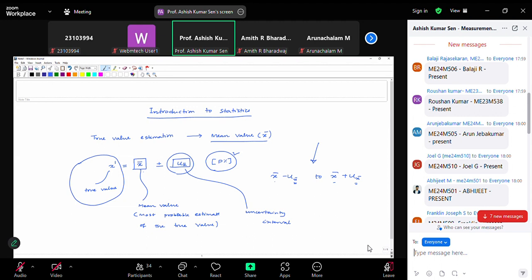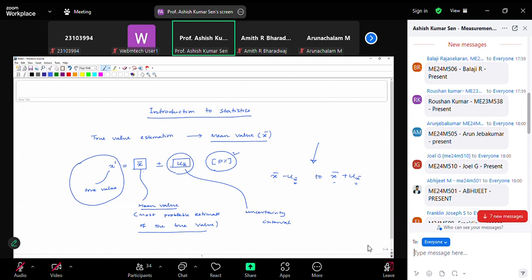Okay. Now, before that, I want to talk about something called central tendency of the data, because we said that the mean value is the most probable value of the true value. So if you measure the temperature of a surface and you want to know the true surface temperature, say you measure 10 or 20 times, your data will be scattered, right?